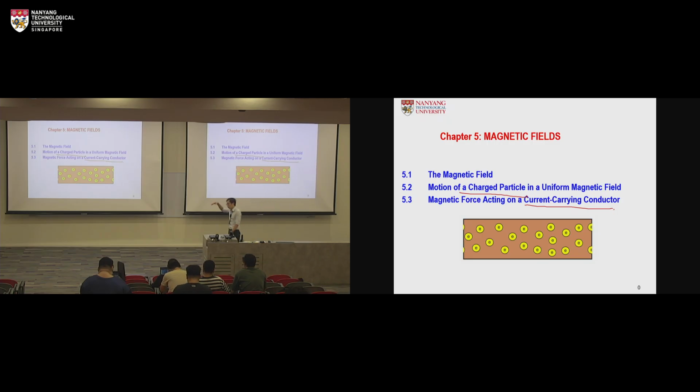Now, before we discuss anything about magnetism, let me ask you the relation between these two scenarios. In one case, you only have one moving charge. In another case, you have this current flow inside the conductor. What is the relation? Forget about anything about magnetism. Just generally, what is the relation between these two scenarios?